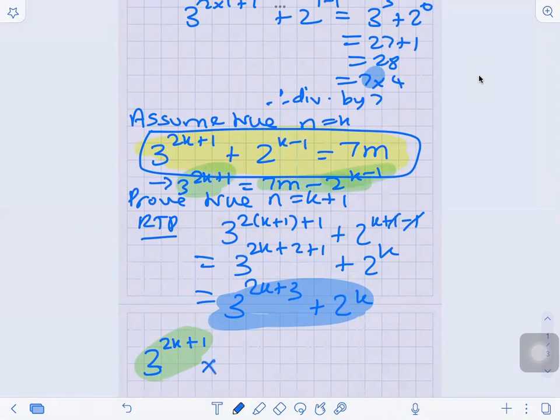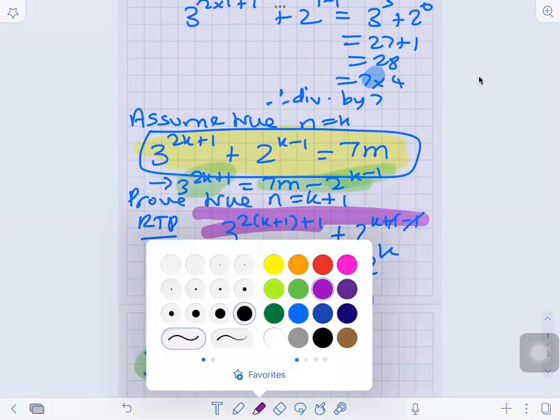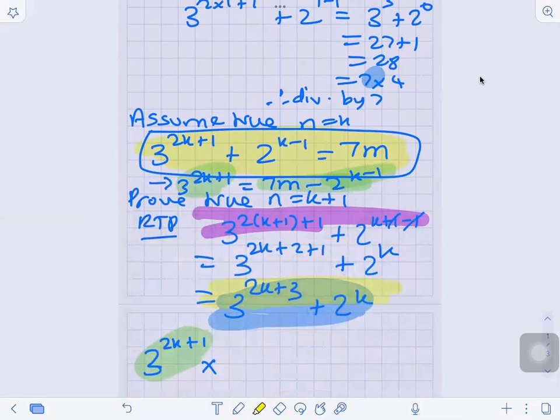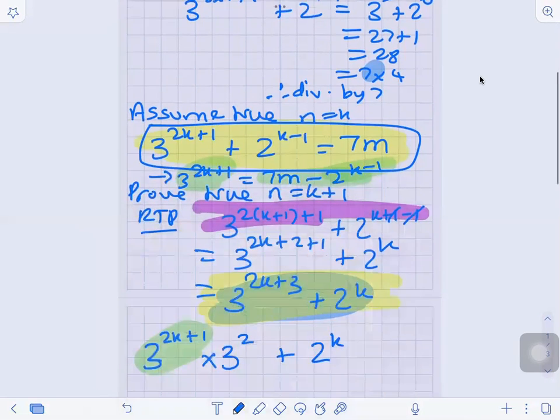Now, in order to make it the same thing as when it was true for n equals k, we've got 3 to the 2k plus 3. So that means you have to go 3 squared times 3 to the 2k plus 1, because 2k plus 1 plus 2 is 2k plus 3, and then plus 2 to the k.